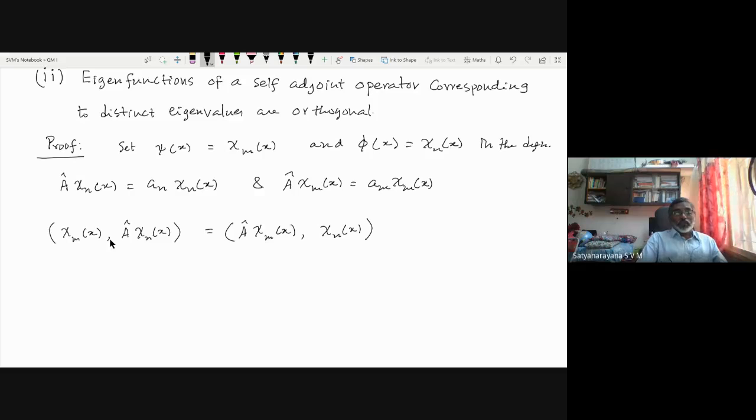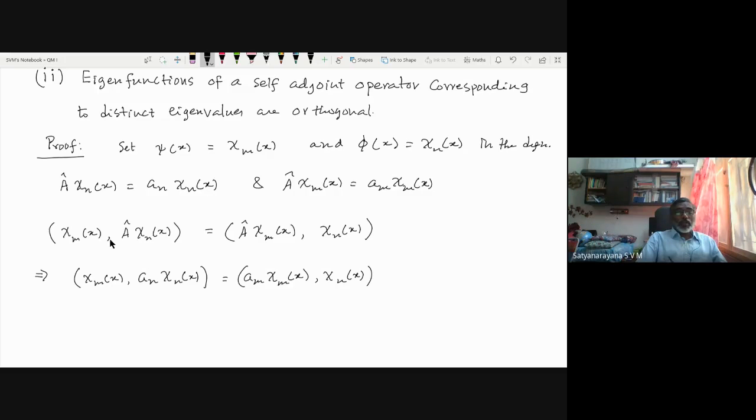Okay. Now that is it. This implies I have chi m of x, a n chi n of x is equal to a m chi m of x, chi n of x.